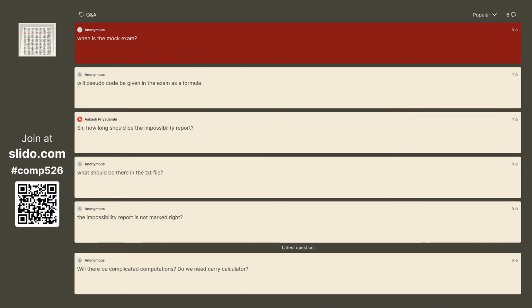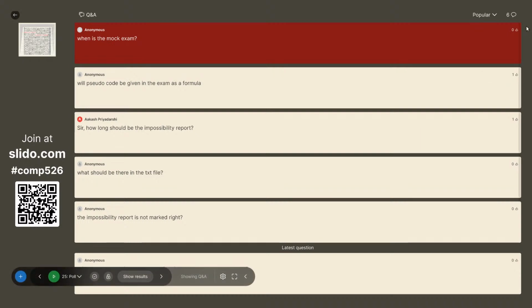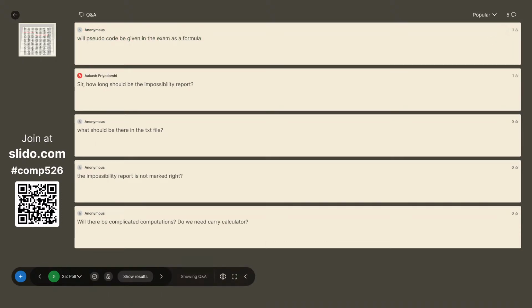Don't have alarms set on your phone in particular. Bring an ID. It's kind of the obvious stuff. There will be some general announcements about the organizational bits, together with the exam schedule released next week, Tuesday, or what it was. Otherwise, the mock exam is just extra questions to practice.